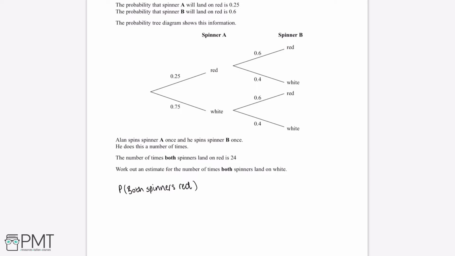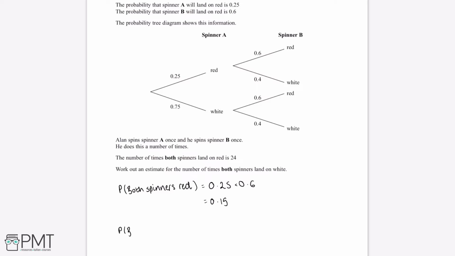Because we want the probability that spinner A and spinner B will both be red, the probability will be equal to 0.25 multiplied by 0.6, which gives us a probability of 0.15.